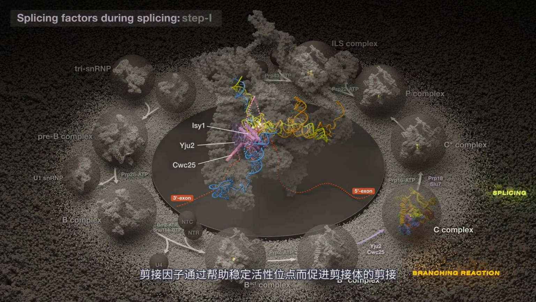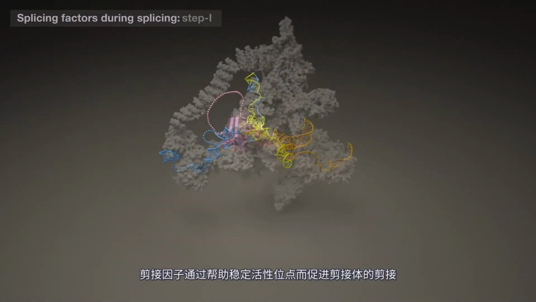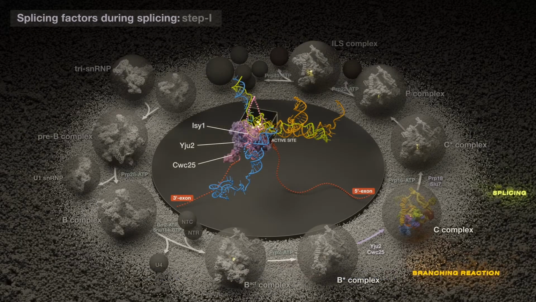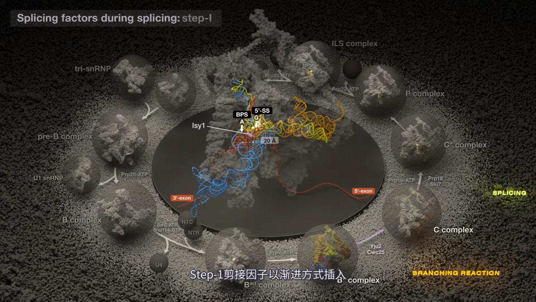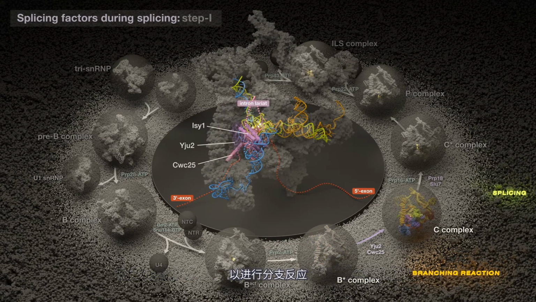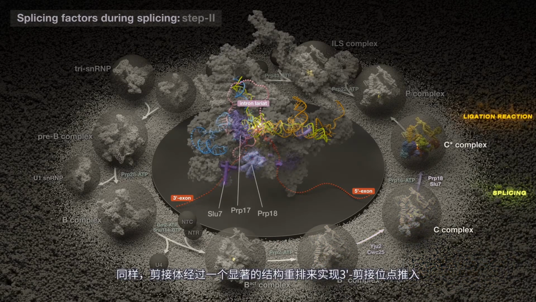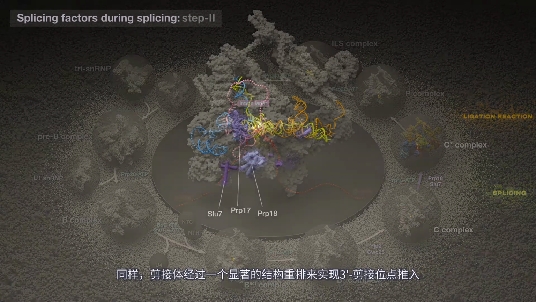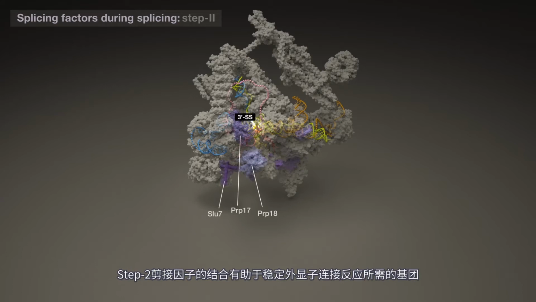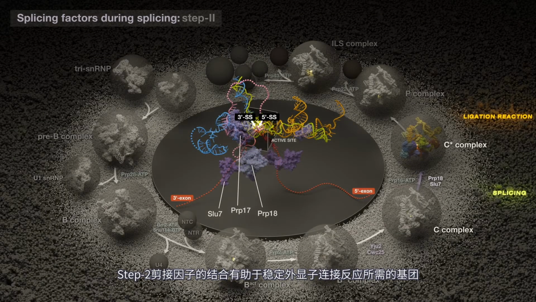Dynamic splicing factors facilitate splicing by the spliceosome, in part by stabilizing the active site. In progressive manner, step 1 proteins insert to help place the branch point nucleophile closer to the 5' splice site sessile phosphodiester bond for branching. Similarly, after significant remodeling of the spliceosome to dock the 3' splice site, step 2 proteins help stabilize the active site required for exon ligation.